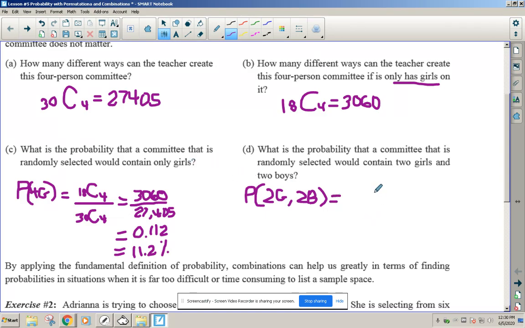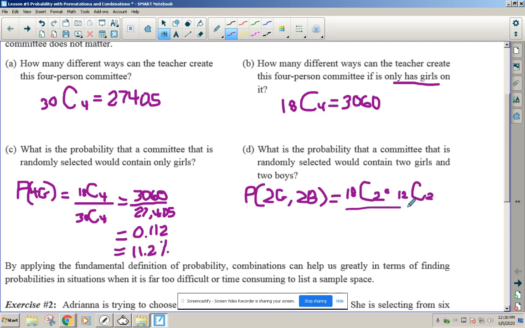So again, we have to go with, to begin with, what do I want? Well, from the 18 girls in the class, the teacher has to choose 2 of them. And then, which is multiplication, from the 12 boys, the teacher is going to have to choose 2 of those.